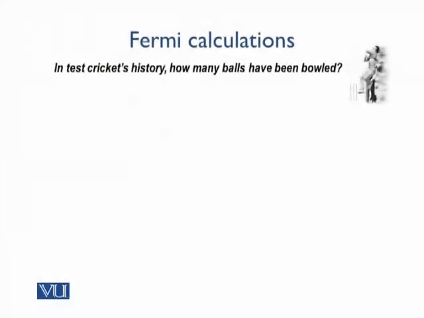To illustrate this, let me give you an example which is closer to our homeland, an example about cricket. If I ask you offhand, without resorting to any online method of determining statistics, how many balls have been bowled in Test cricket up till now?